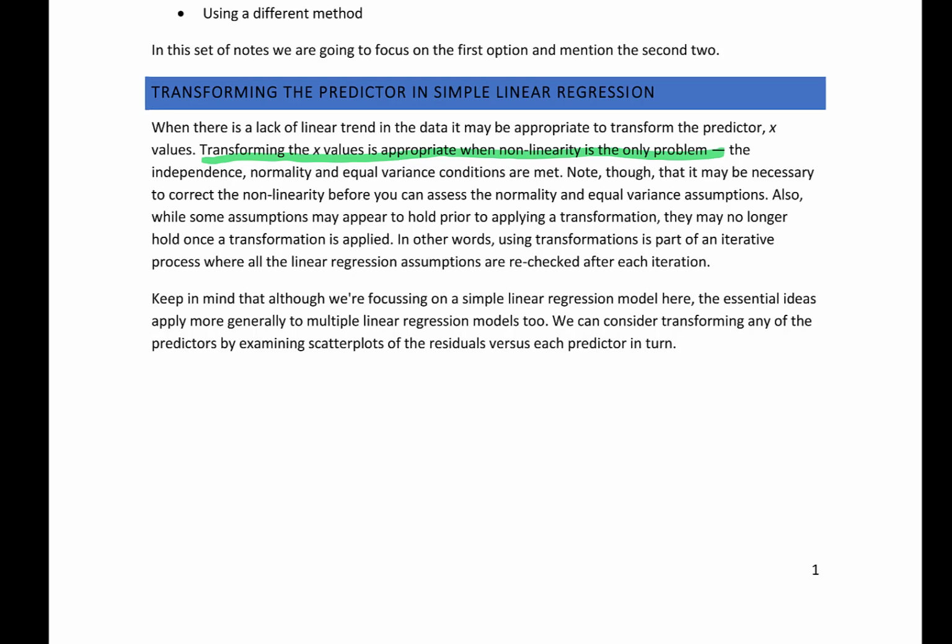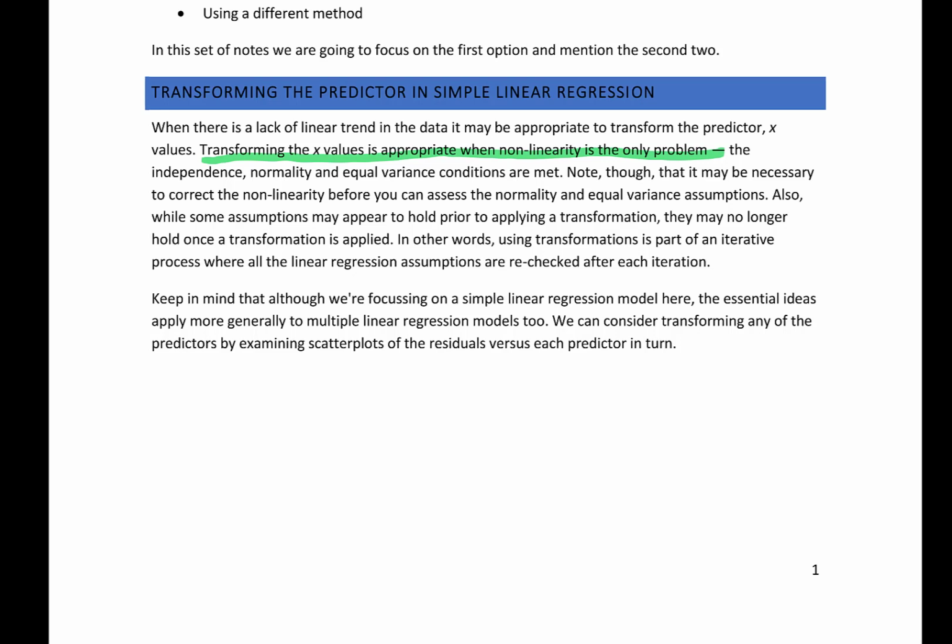If non-linearity is the issue, then it's appropriate to transform the x values. If you violate independence, normality, or equal variances, then you're going to have to do some other things as well. A note here is that it may be necessary to correct nonlinearity before you assess the normality and equal variance assumptions.